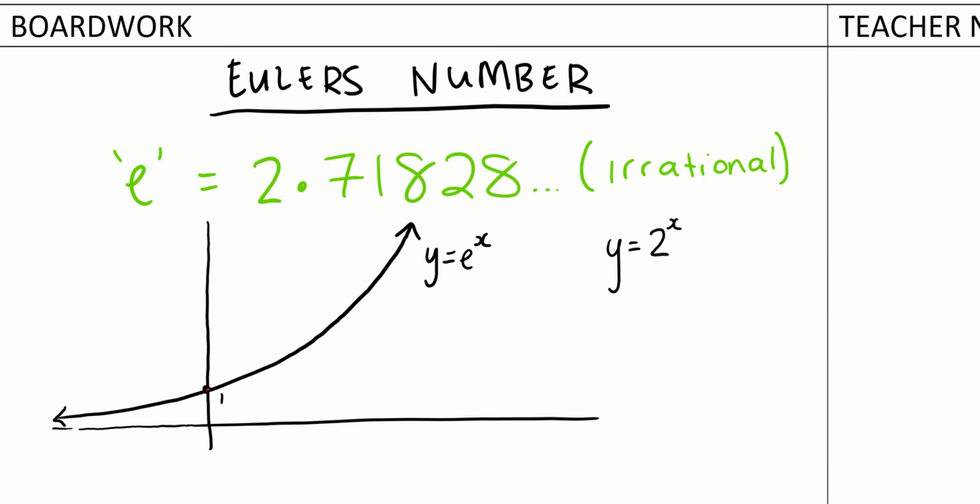But what's super special about exponentials is, if I pick, let's say, this point here where x is equal to 2, the gradient of the tangent at that exact point is the exact same as the y value at that point. No matter where you pick, the gradient of the tangent at that point is the exact same number as the y value at that point, which is part of what makes this number so special.